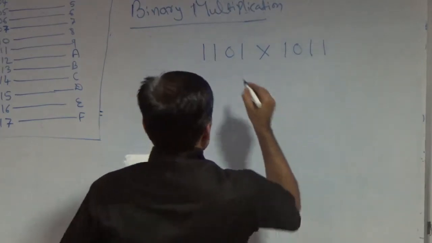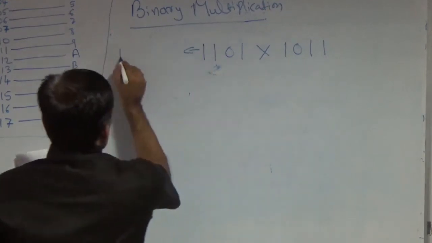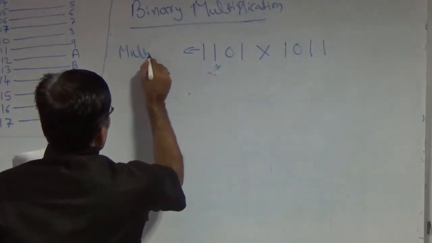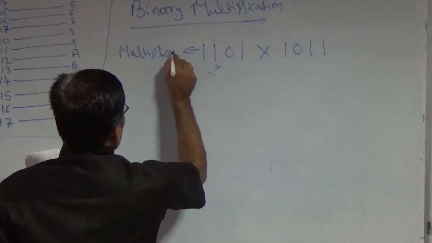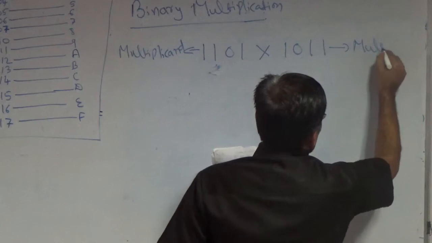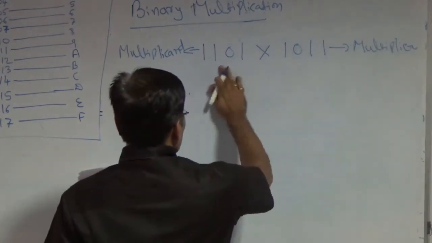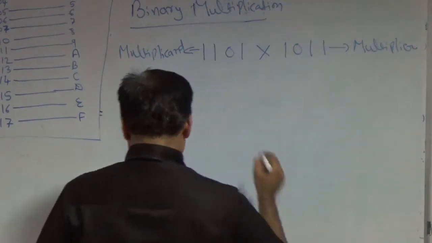This is known as the multiplicand, and this is our multiplier. Whatever result you get is the product.